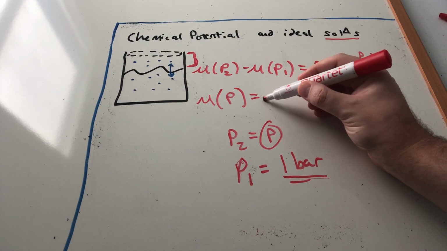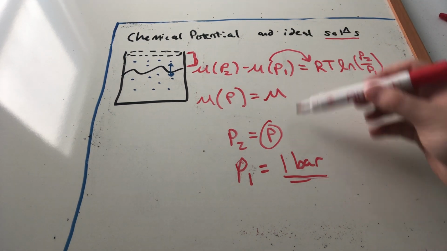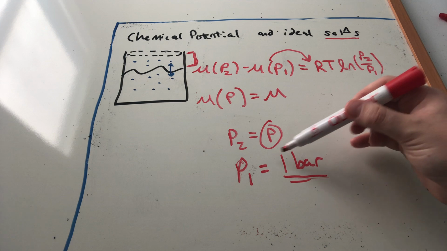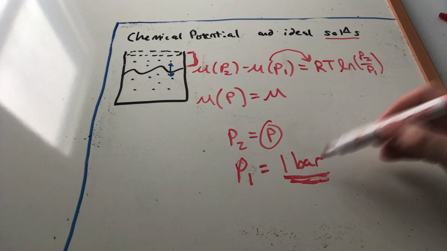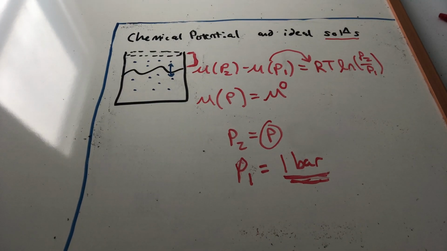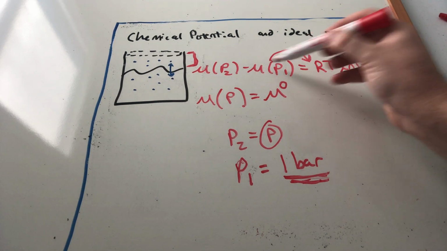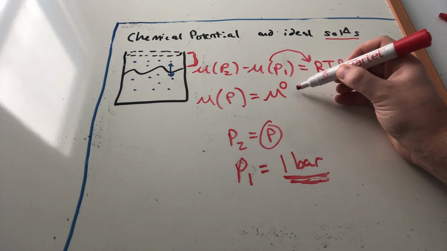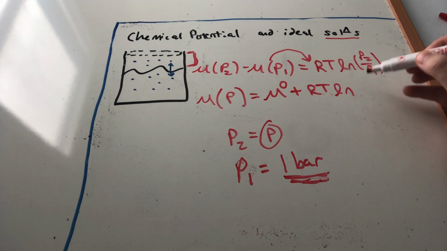Instead of writing this as mu of P1, or mu of 1 bar, we know that when we're analyzing things at standard conditions, we use the superscript not. So this means we're now analyzing this mu of P1 under standard conditions. We're going to have plus RT here, the natural log.